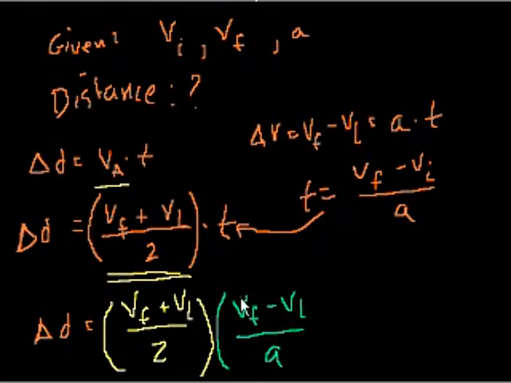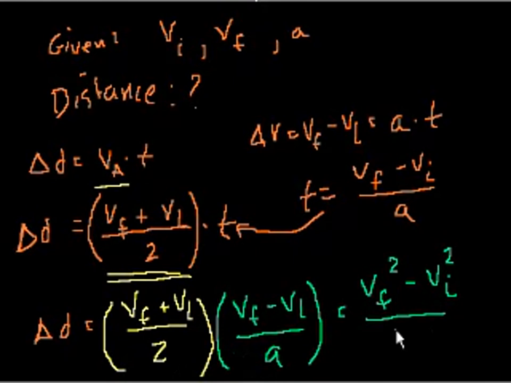I like this green, I don't know why I never use it. And then if we multiply the expressions on the top, you might recognize this. This would be Vf squared minus Vi squared, and then you multiply the denominators, over 2a. So the change in distance is equal to Vf squared minus Vi squared over 2a.